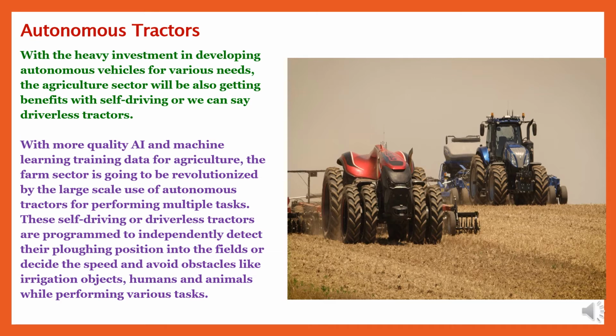These self-driving or driverless tractors are programmed to independently detect their plowing position in the fields, decide the speed, and avoid obstacles like irrigation objects, humans and animals while performing various tasks.